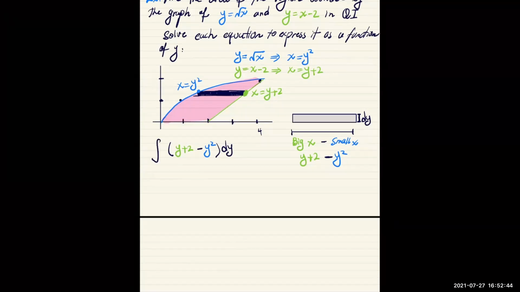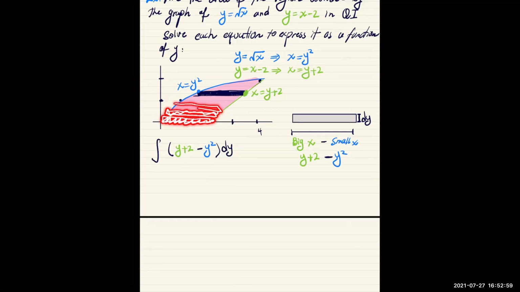And then you're going to integrate from here. Look at this, guys. Your horizontal rectangular strips begin from here, and you kind of stack them up. You add them up all the way to this point.